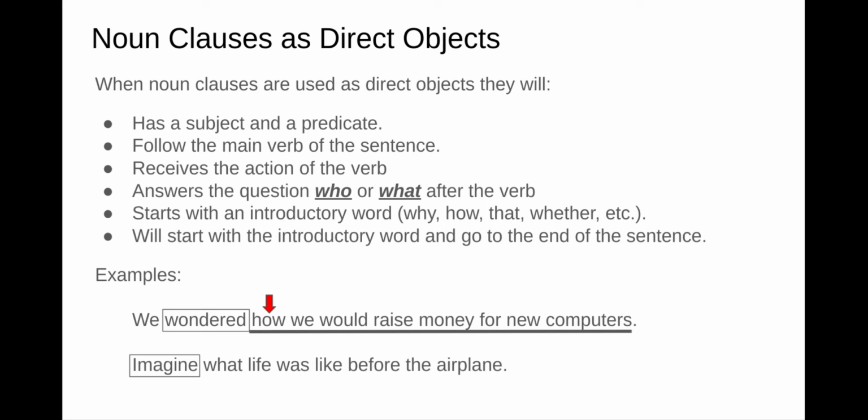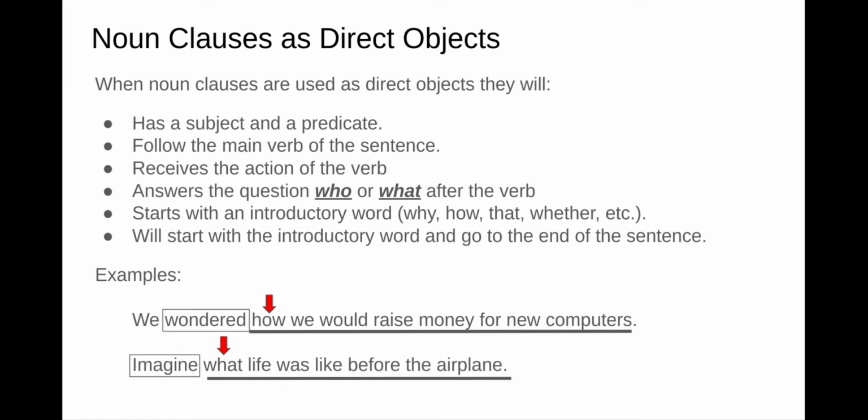So our main verb here is imagine. Now, what are we supposed to imagine? Well, there's that introductory word. We're supposed to imagine what life would be like before the airplane, or what life was like before the airplane. There is your noun clause acting as the direct object. It's answering what about what we're supposed to imagine.